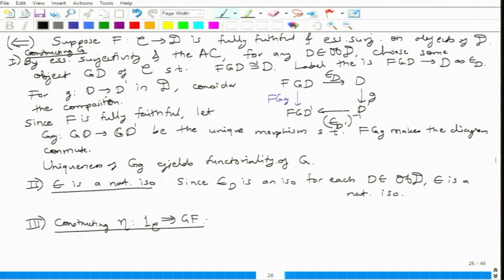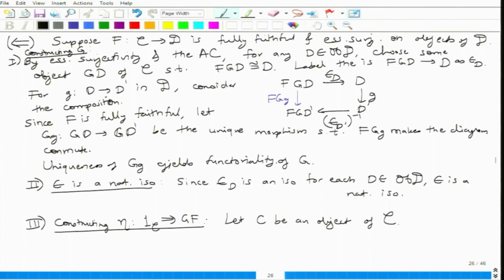So let C be an object of C. We had to figure out a map from C to GFC. Yeah, we need a map C to GFC.